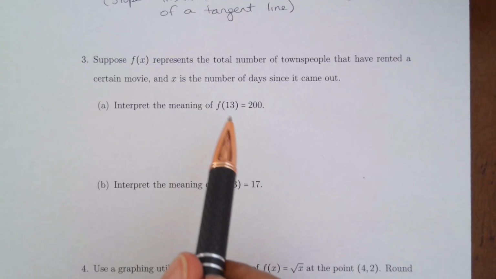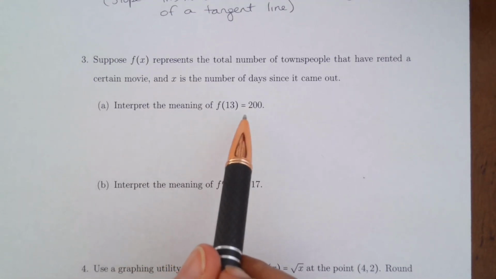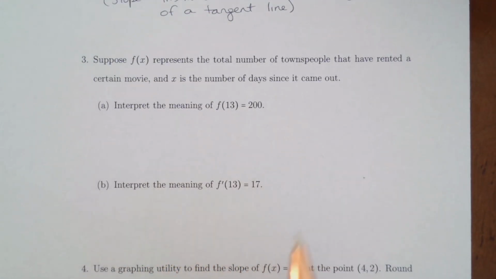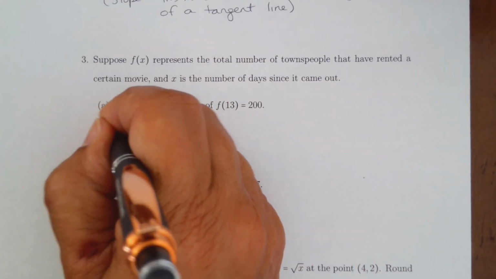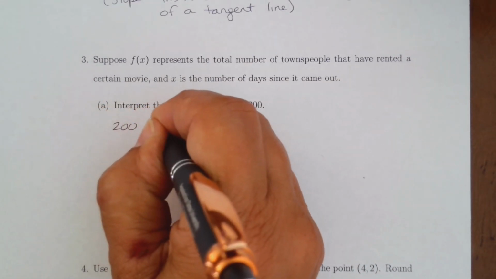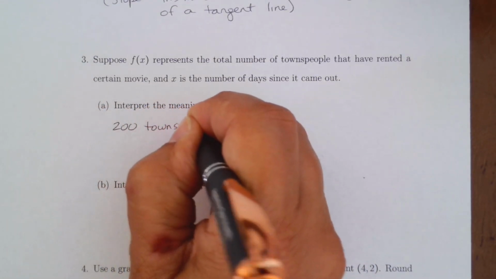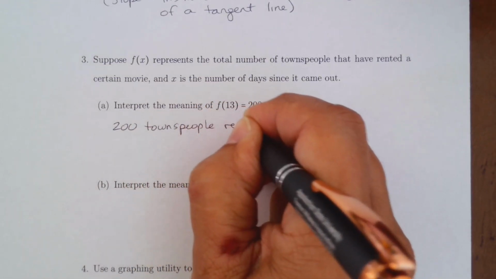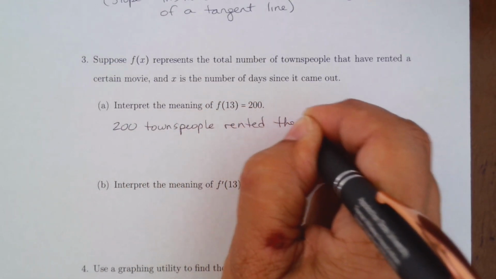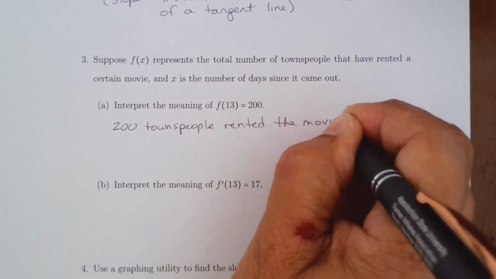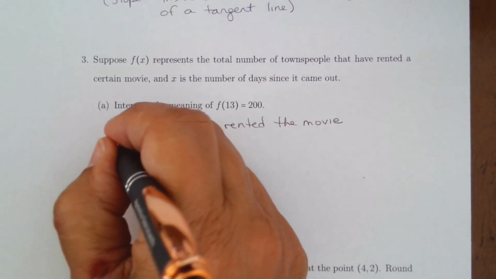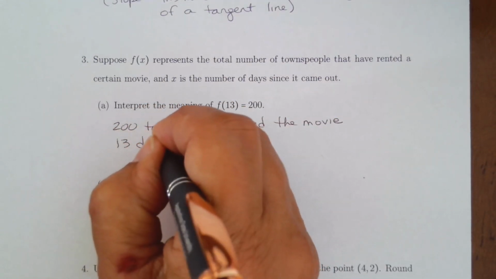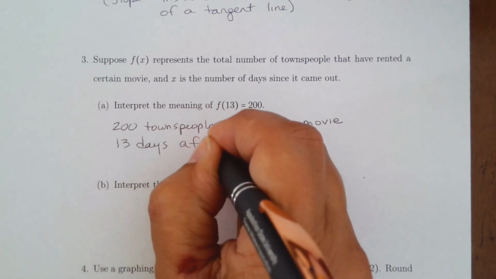So what does f of 13 equals 200 mean? That means 200 townspeople rented the movie 13 days after it came out.